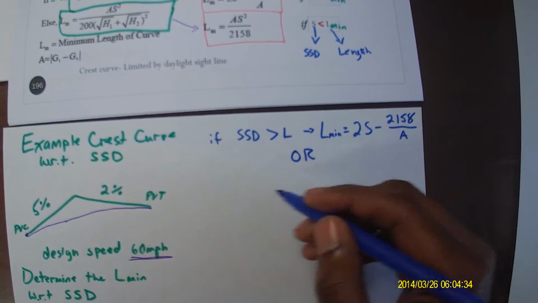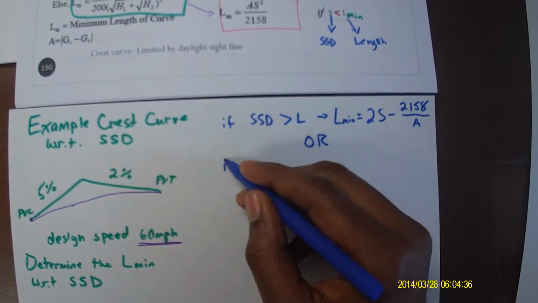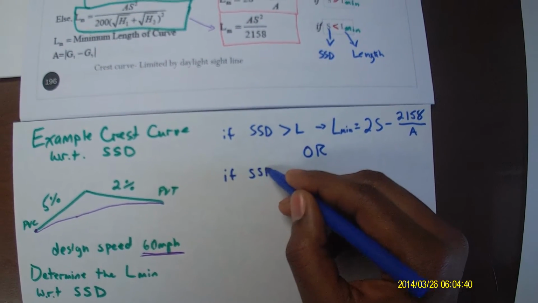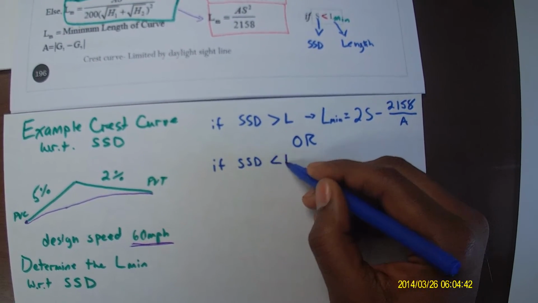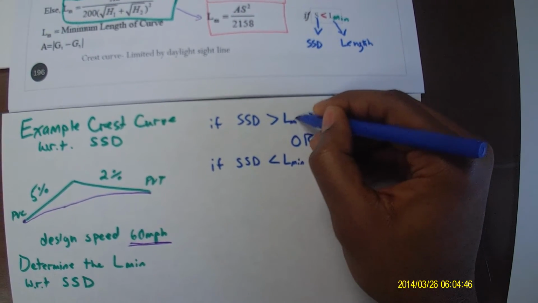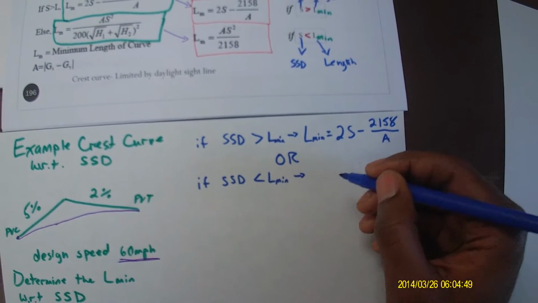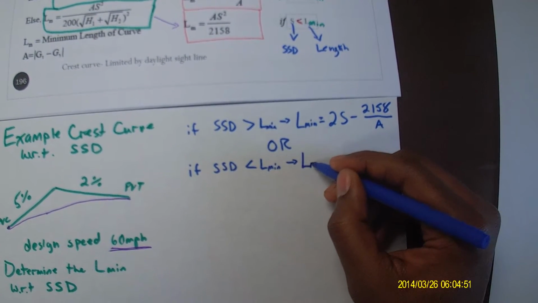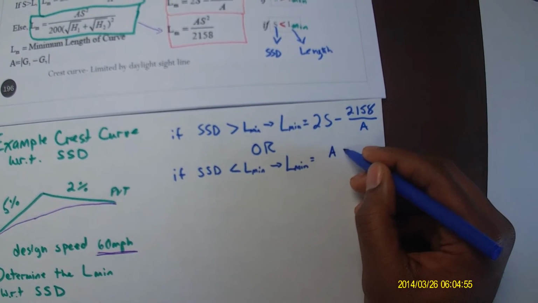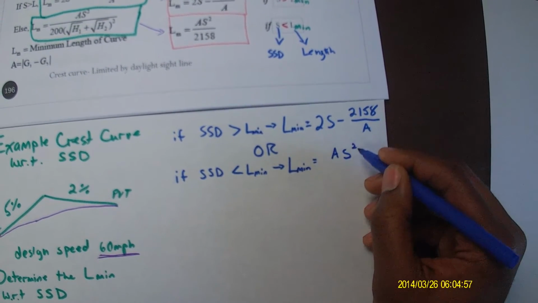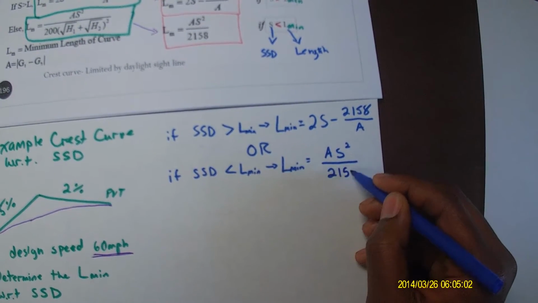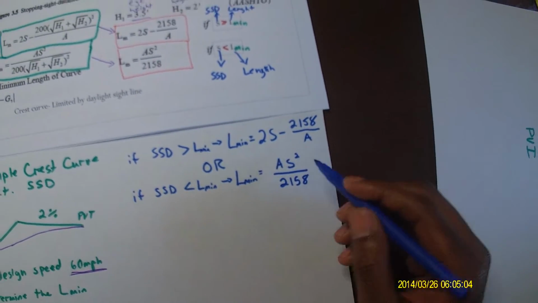Or I could use, if the stopping sight distance is less than L, the equation that says L min is equal to the algebraic difference multiplied by the stopping sight distance squared divided by 2158.